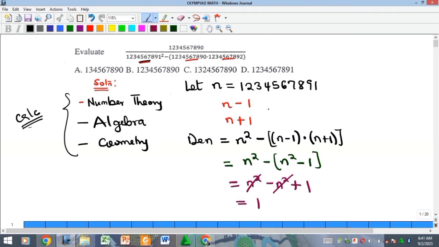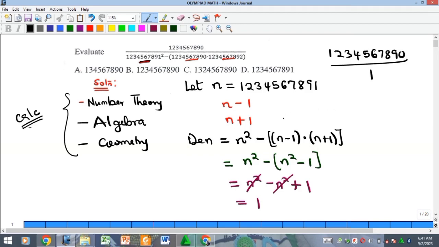You see that you have been able to solve your problem. So what is that going to give us then? It means that your numerator, which is 1, 2, 3, 4, 5, 6, 7, 8, 9, 0, is now being divided by 1, since we have simplified the whole denominator to be equal to 1.